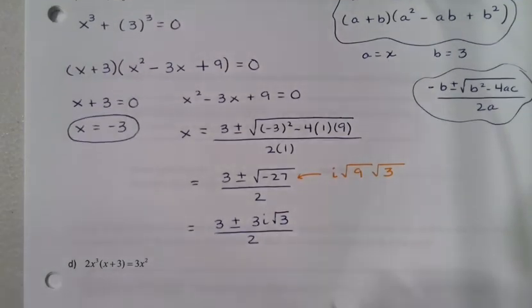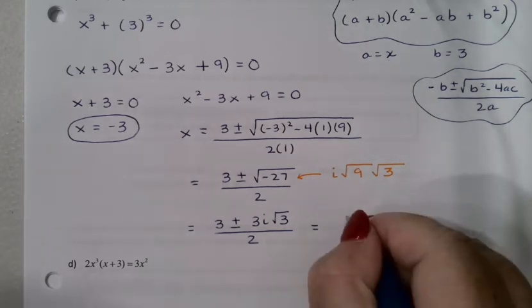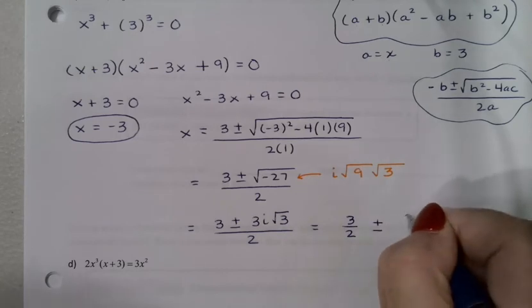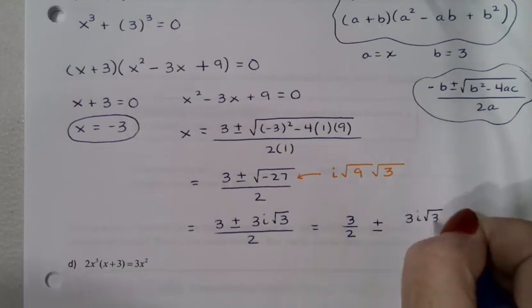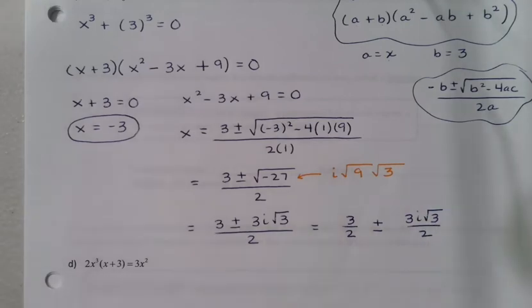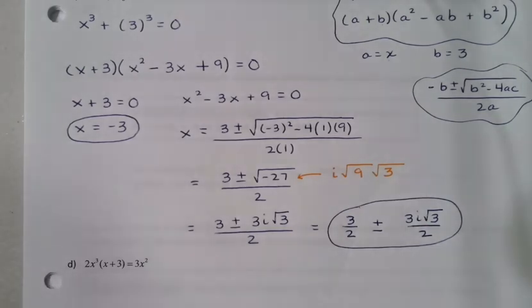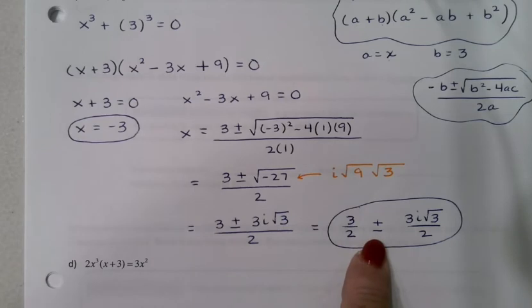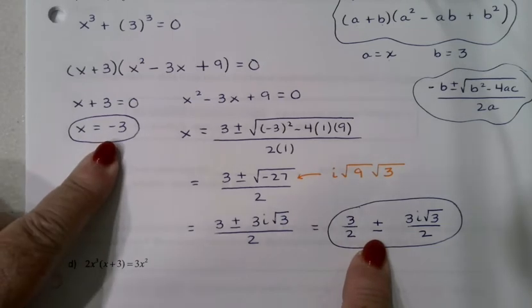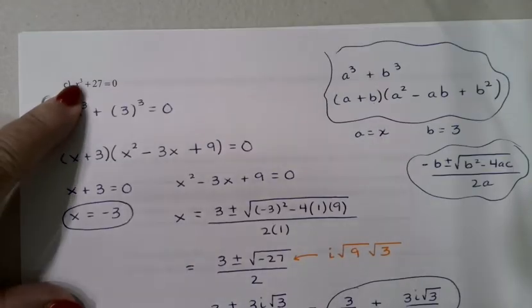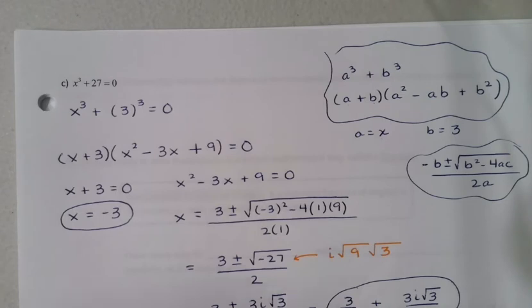And with the imaginary answers, we always split it up into the real part and the imaginary part. So I'd rather write this as 3/2 plus or minus 3i square root 3 over 2. Okay. So I have 2 imaginary answers, one with the plus and one with the minus, and then 1 real answer, for a total of 3 solutions, exactly what I would expect from a 3rd degree equation.